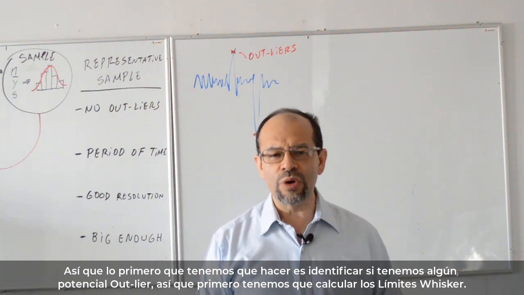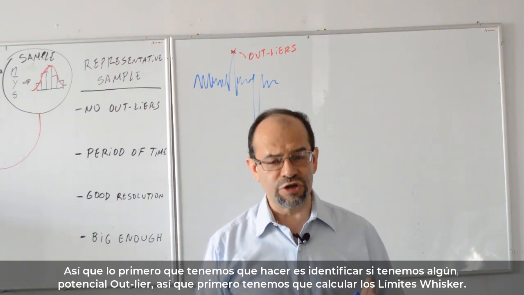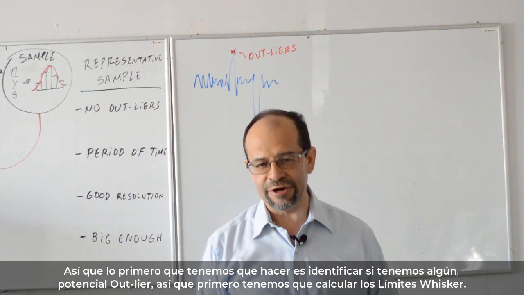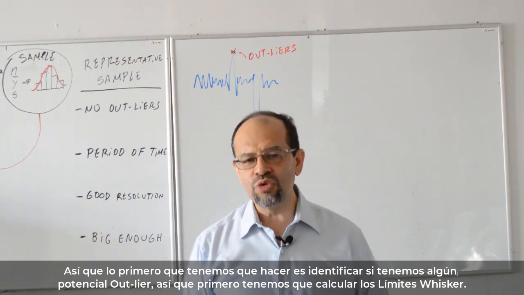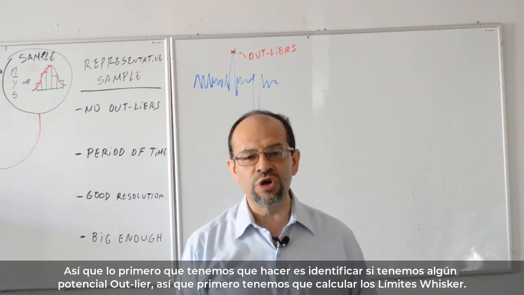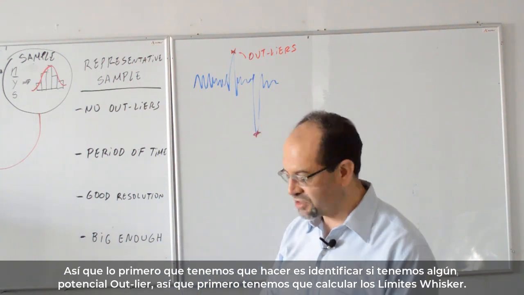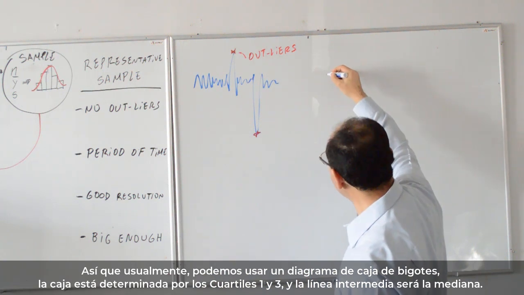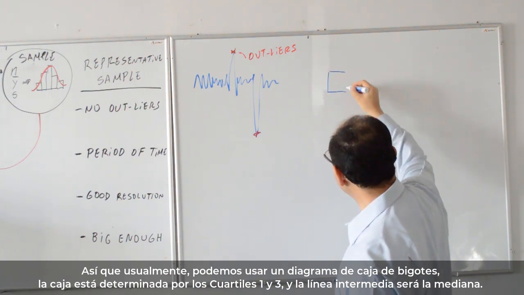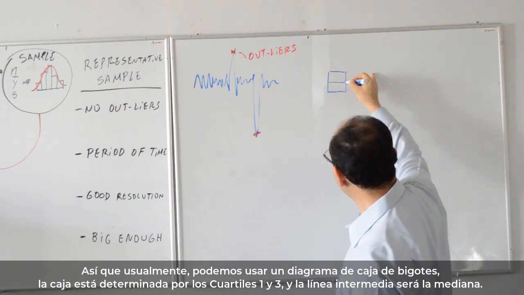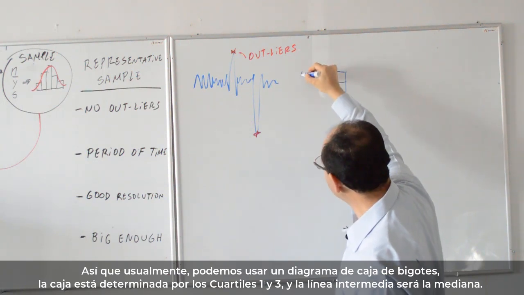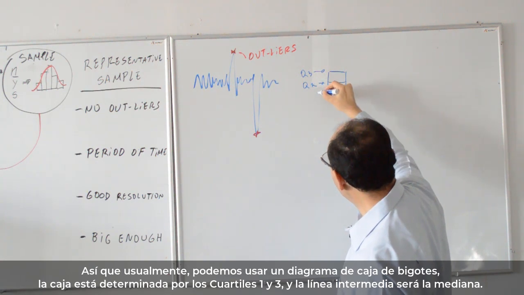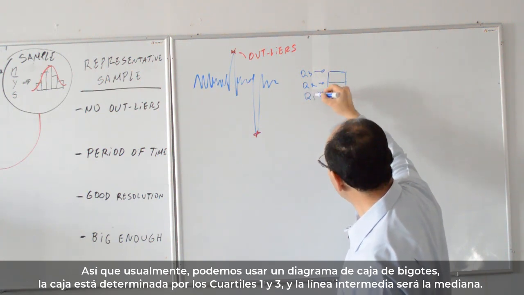Well, what we have to do when we have outliers is this. First, we have to identify if we have a potential outlier. So we first have to identify the whisker limits. Usually we can use a box-whisker plot. This box-whisker plot is made by quartile 3, which is this one, the median, which is quartile 2, and quartile 1, which is this one.